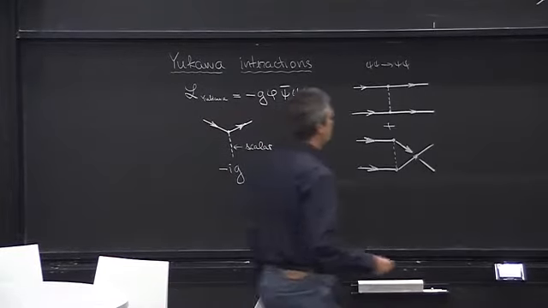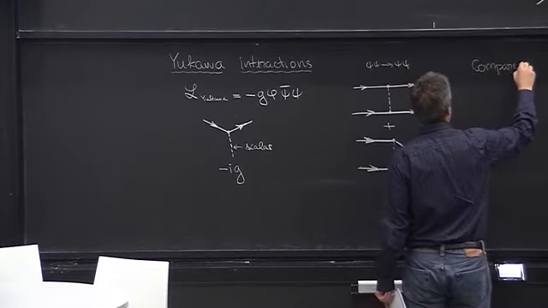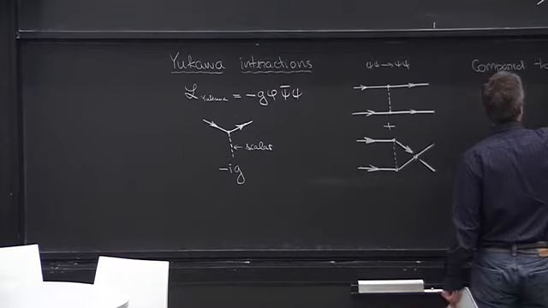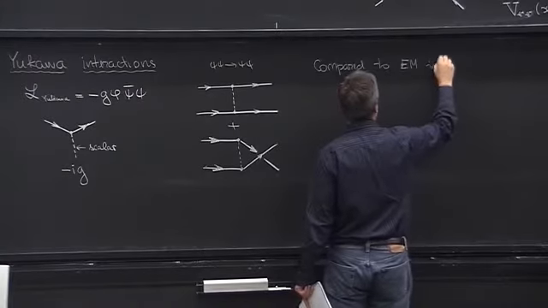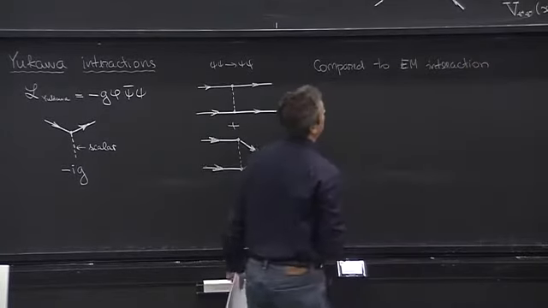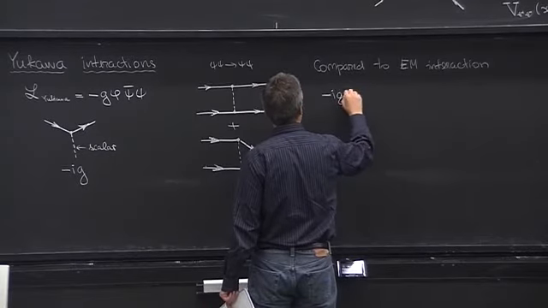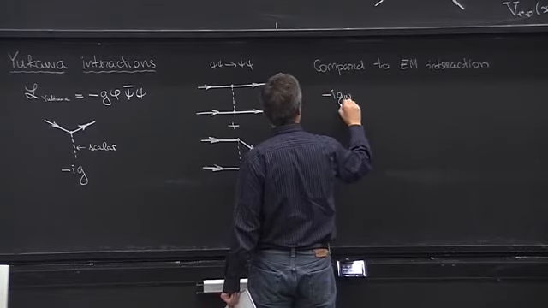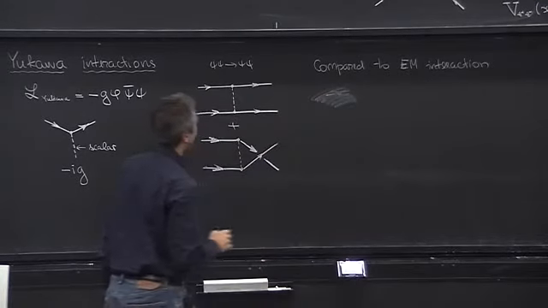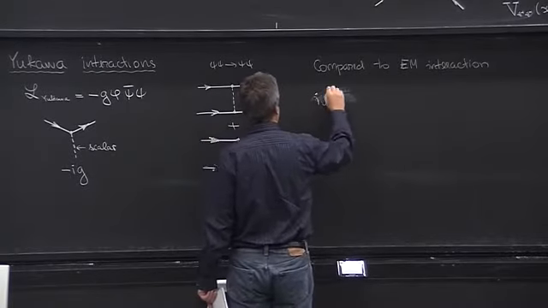So compared to electromagnetic interactions, we have minus iG in place of the gamma matrix. Let's compute this amplitude in u.